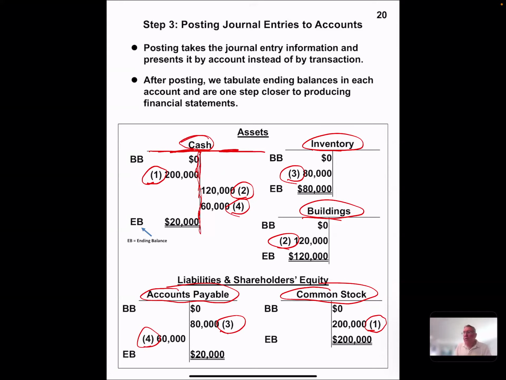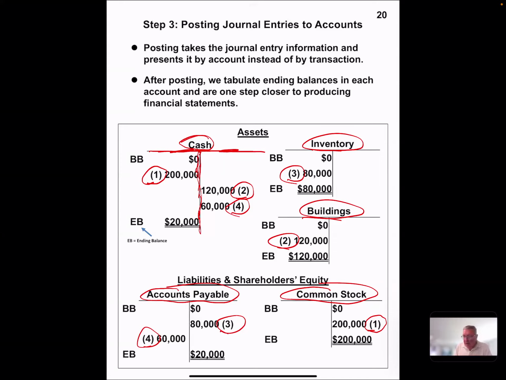Then once we're finished all of our posting, we'll summarize and calculate what is the ending balance in that account. So this is going to use what I call T account math. And this is one of the more confusing things for students, and for some students from now until the end of the course. So I'll try and make sure I hopefully spend enough time explaining how T account math works.